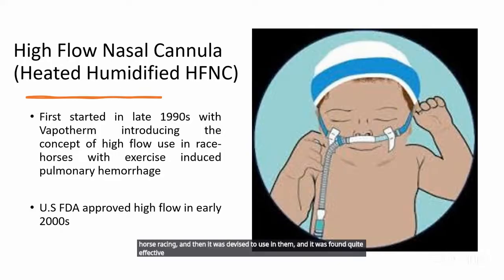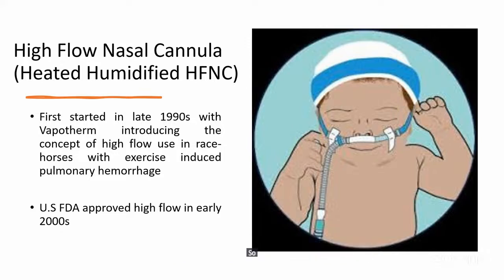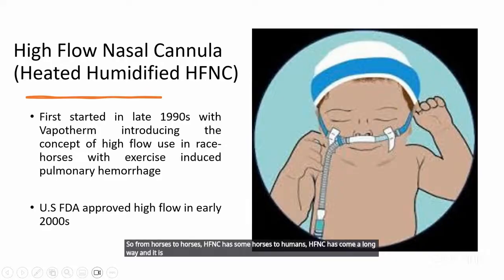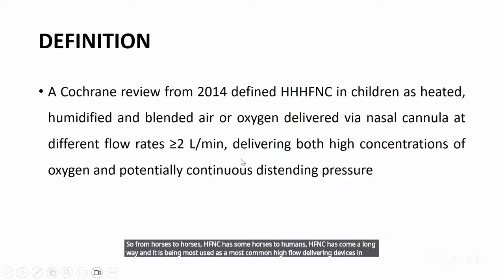In the early 2000s, the US FDA approved its use in humans as well. So from horses to humans, HFNC has come a long way, and it is now the most common high flow delivering device.